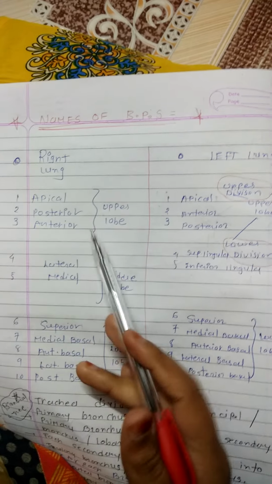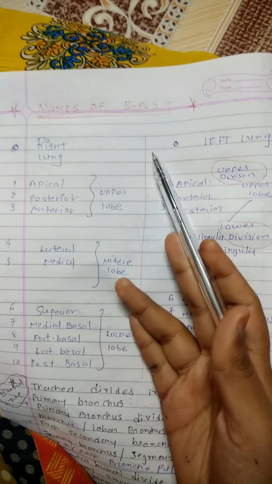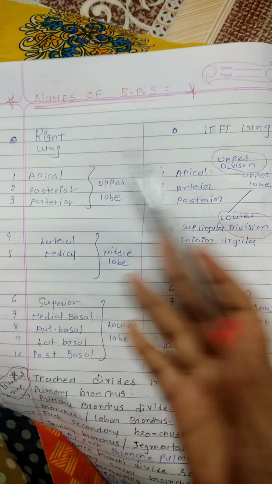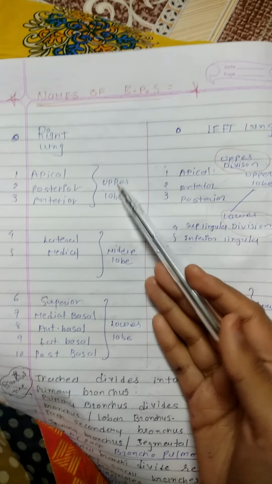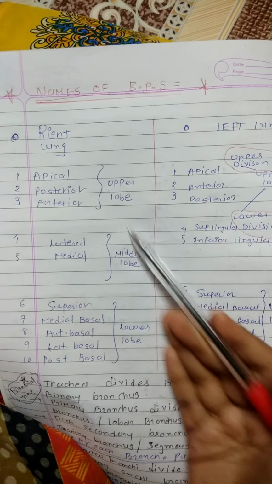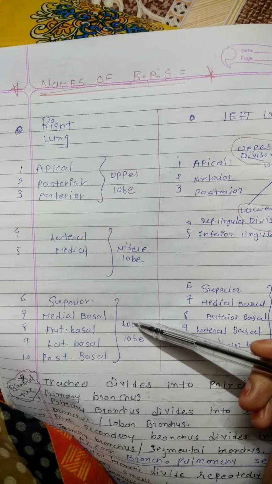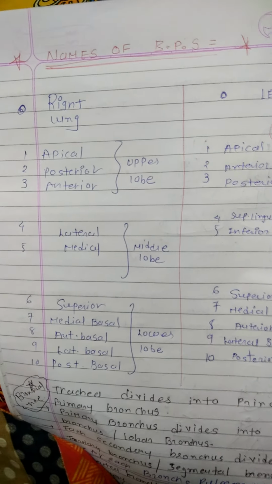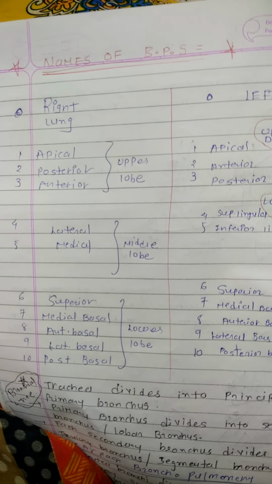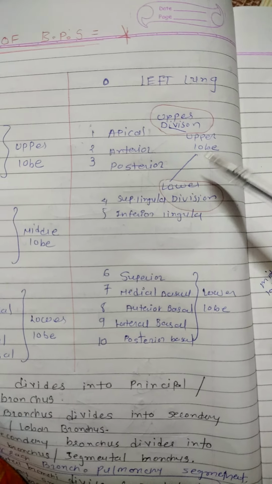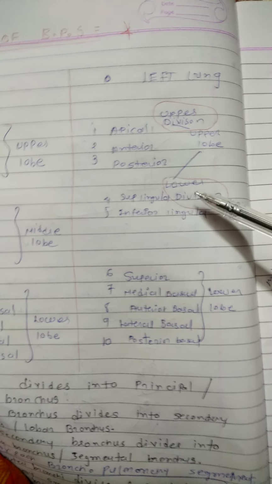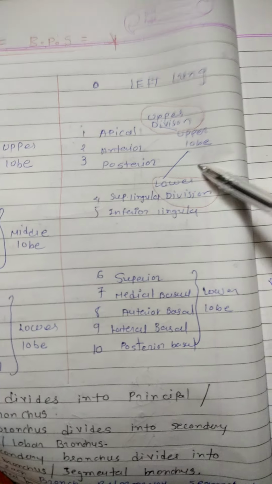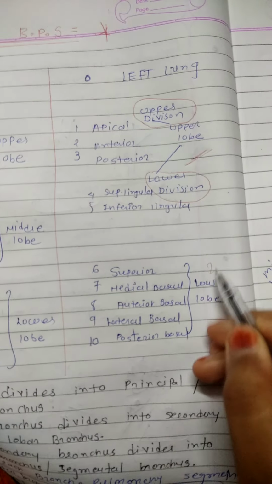Then you have to write about the names of the bronchopulmonary segments. The right lung has 3 lobes, upper lobe, middle lobe and lower lobe, because the right lung has 2 fissures, oblique and horizontal. The left lung has only 1 fissure, the oblique fissure, so it is divided into 2 lobes, upper lobe and lower lobe.